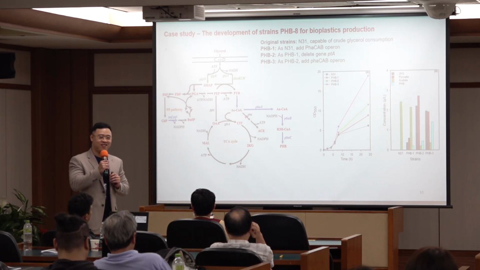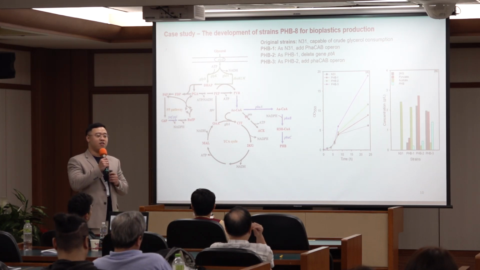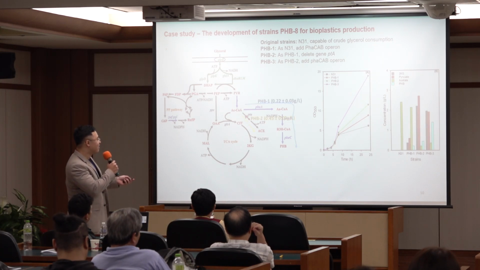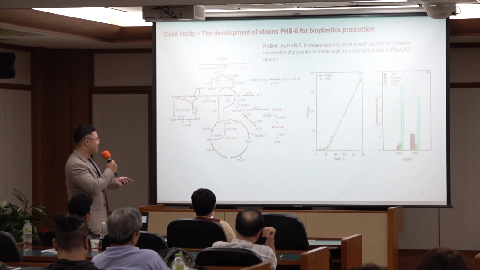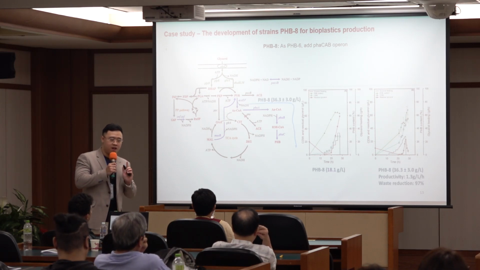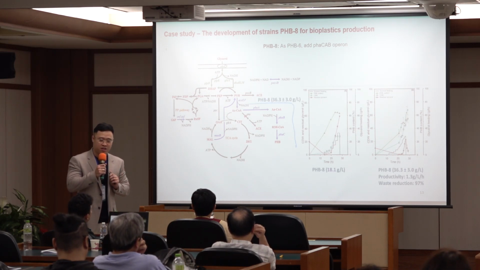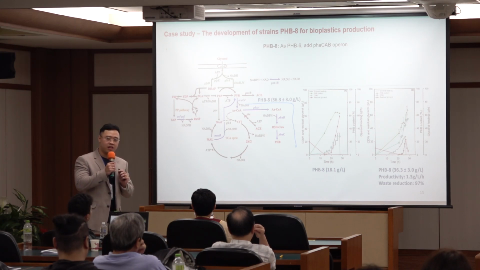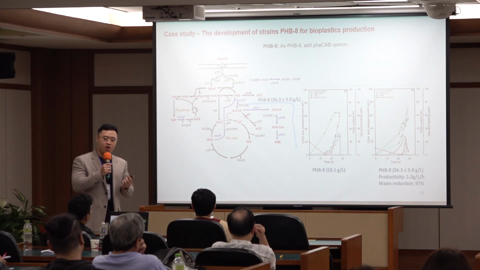First, I would like to thank you for your question, but I think there is some misunderstanding for this number of 97%. So actually, our yield, for 1 gram of crude glycerol, we can produce 0.3 gram of the PHB.